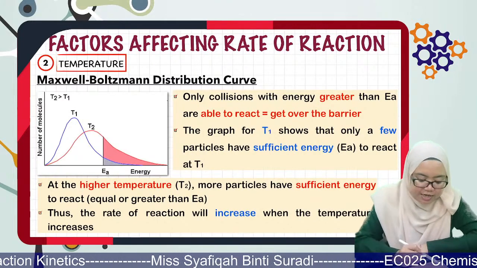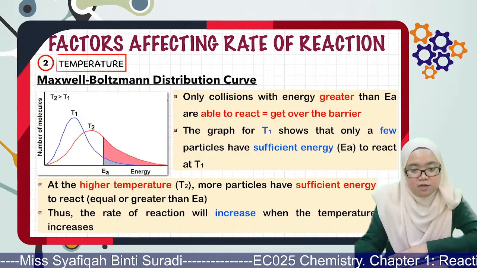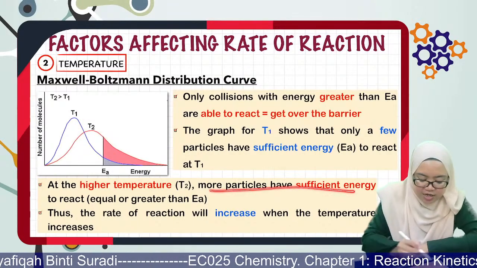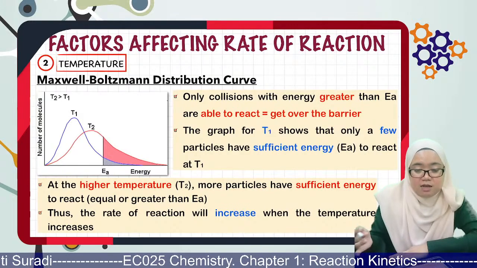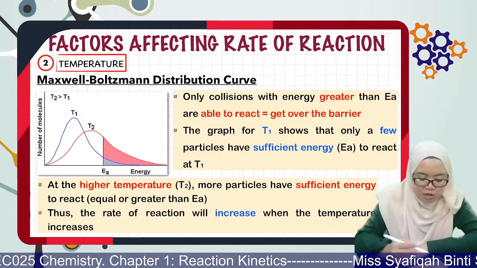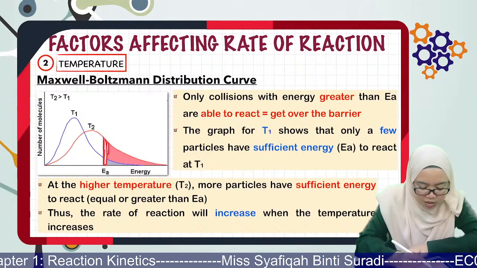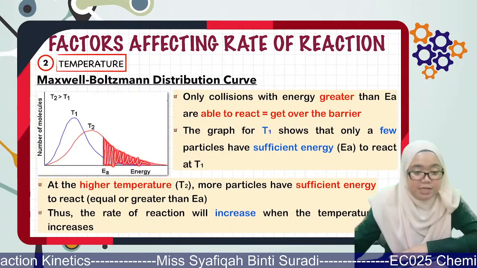Okay, tapi dekat higher temperature T2 dekat sini, okay, this curve, T2 curve, more particles have sufficient energy to react sebab more molecules have energy equal or greater than EA. So untuk T2 adalah ini, bawah ni semua T2, semua ni. So banyaklah.